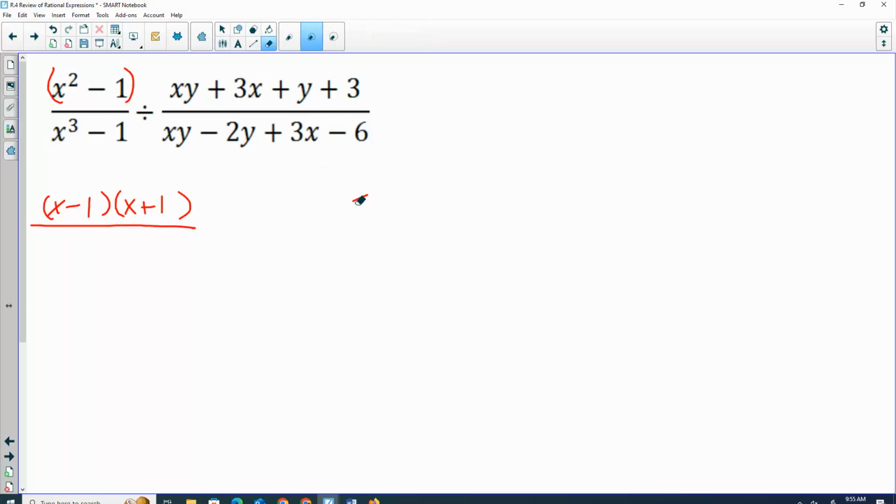My denominator, x cubed minus 1. Okay, that one is a difference of perfect cubes. Remember the formula for cubes? You have a cubed minus b cubed factors into a minus b, a squared plus ab plus b squared.